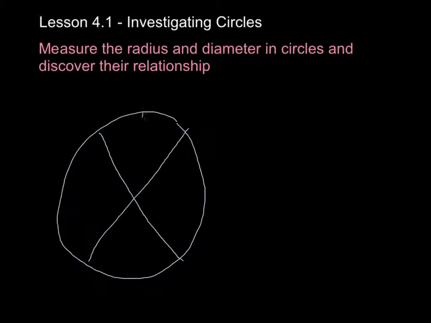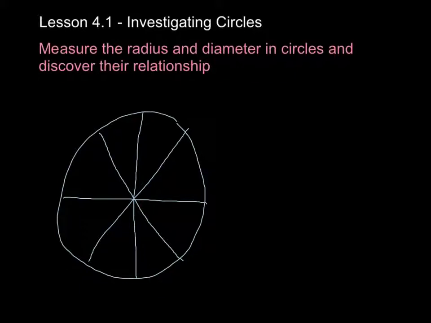But if I was to draw line segments that cross right through the center, another way you could do that, imagine you had a piece of paper in your hand and you had a perfect circle, cut it out. If you fold that circle in half so that both sides are even at several different places, they would all have one point in common. And this point, where they all overlapped or creased, that's the center point of your circle.